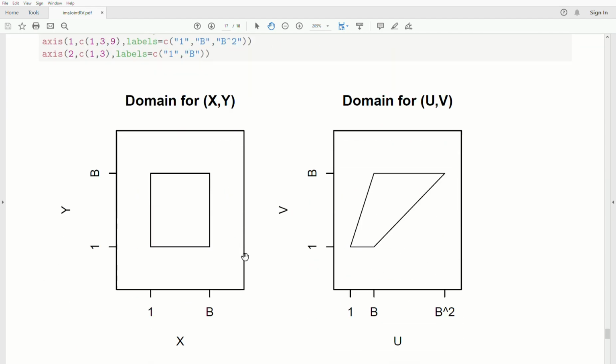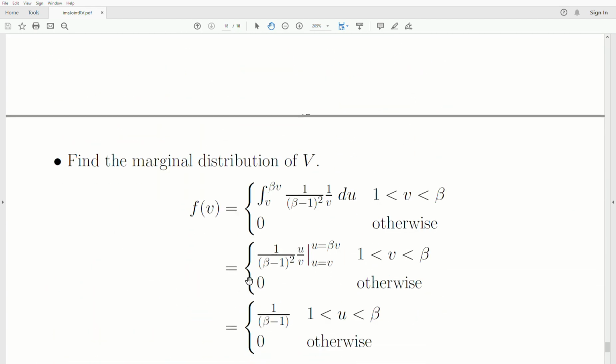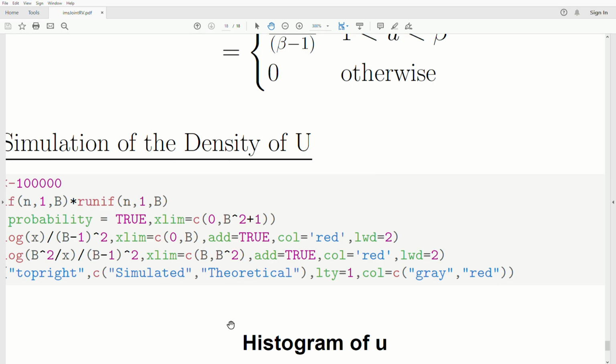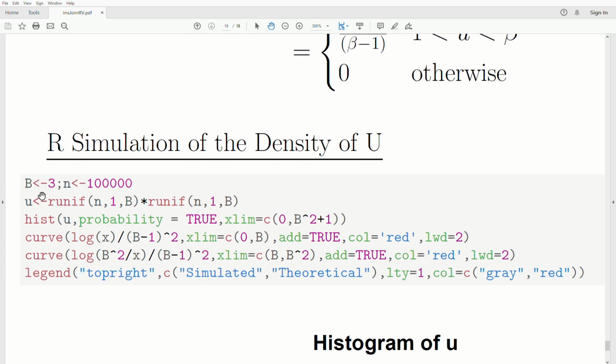So what we do is we create these, we let beta be 3 because we have to pick a value, and let's do n of 100,000, and u is the product of these independent random uniform 1 to beta random variables. So that's u. So we create a histogram of it, and I say probability true, so it estimates a density, and limit from 0 to beta squared plus 1, so we have plenty of room.